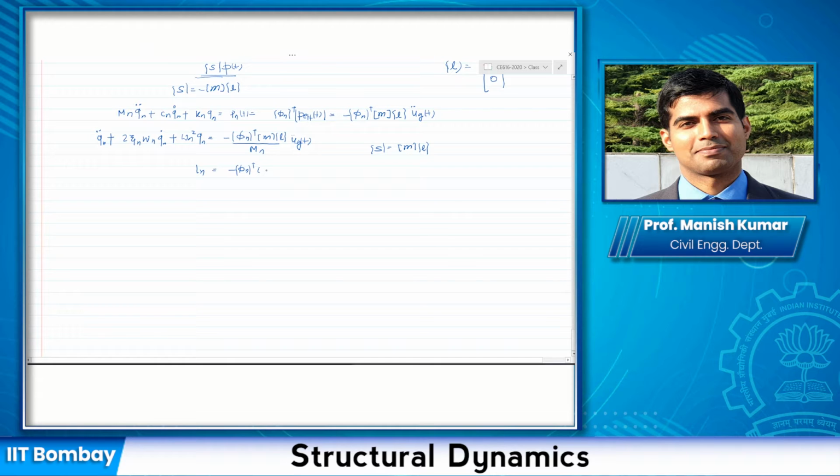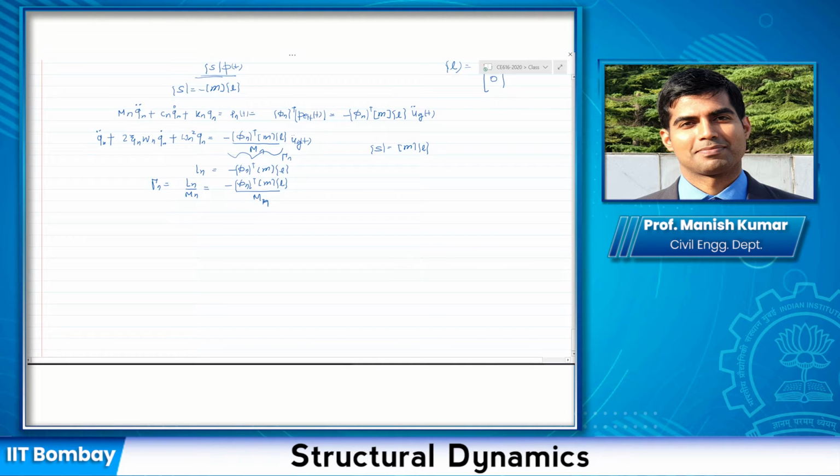This comes from the equation that you had done in the generalized coordinate system. And gamma n is basically Ln divided by Mn, so this whole thing is actually gamma n.